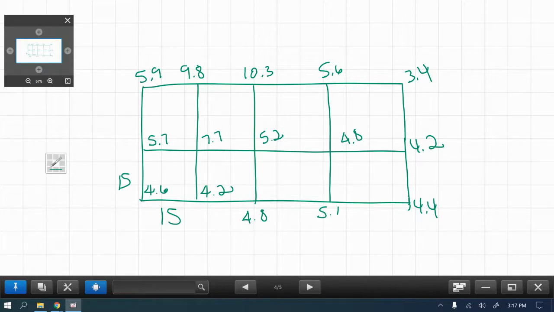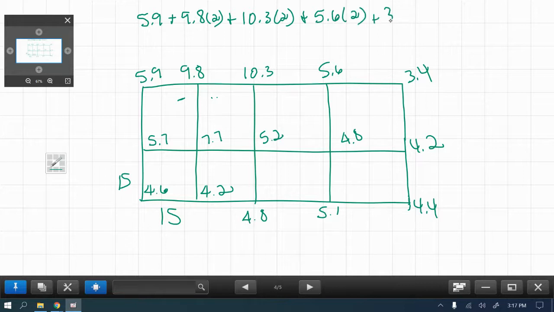So I'm going to do my sum of my corner cuts. Start at the top: 5.9 plus 9.8, it touches 2, so I'm going to say times 2, plus 10.3 times 2 plus 5.6 times 2 plus 3.4.